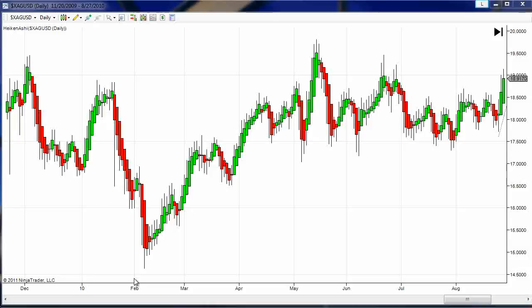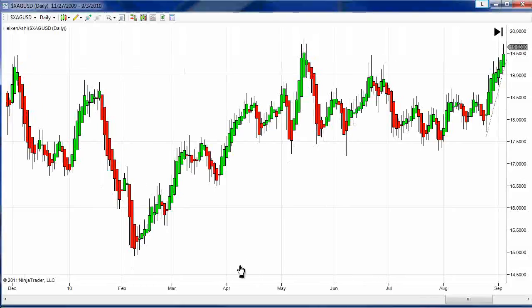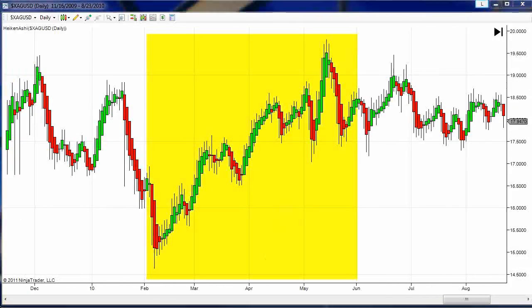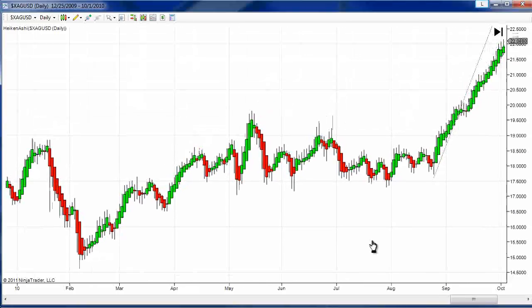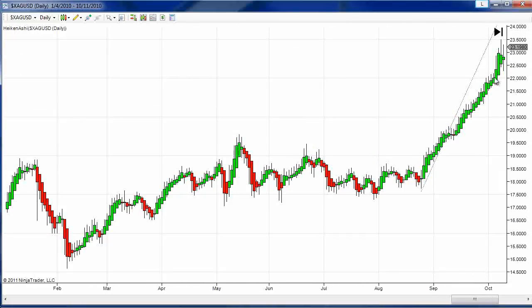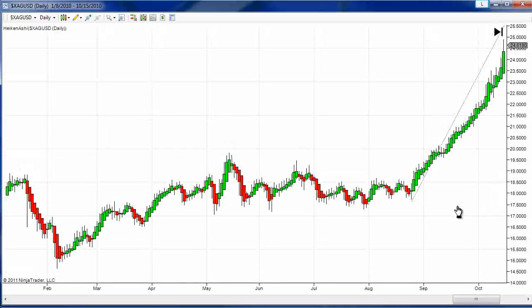Of course, this is January, this is February, and you can see that from February through the first part of 2010, in terms of the range itself, it had a low just below $14, and it had a high just around $19. But all of that changed, of course, as you know. As we move into more current history, you can see this big, large breakout that we had, and that took the market up above $23.